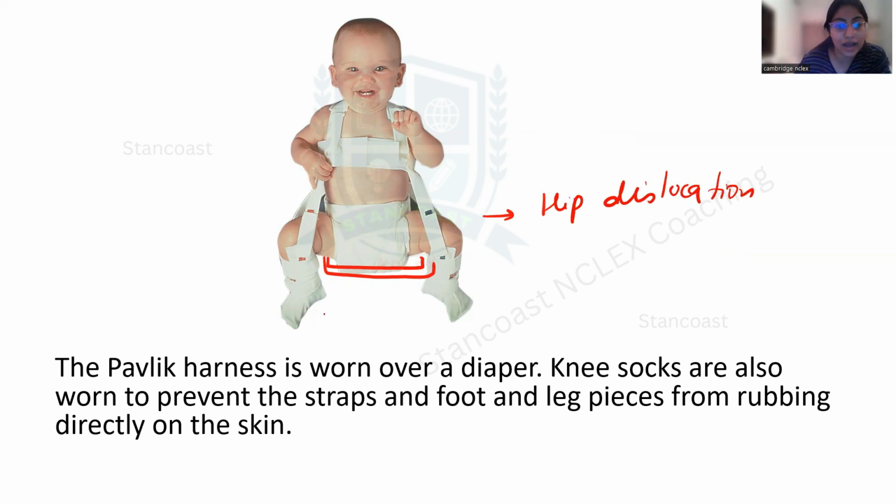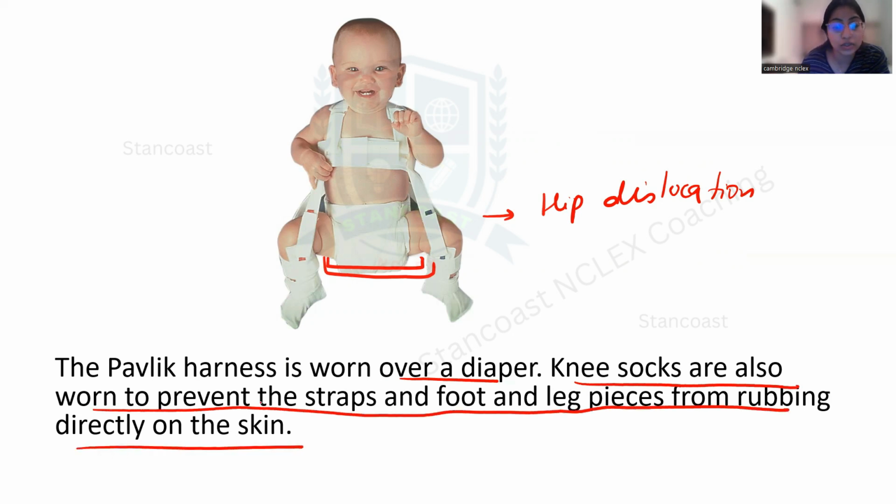Now, a Pavlik harness is worn over a diaper. Knee socks are also worn to prevent the straps and foot and leg piece from rubbing directly on the skin. So the main intervention we have to focus on is that we always put cloth, that is a diaper or knee socks, before putting on the Pavlik harness.